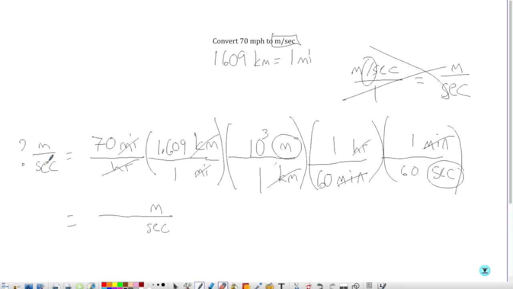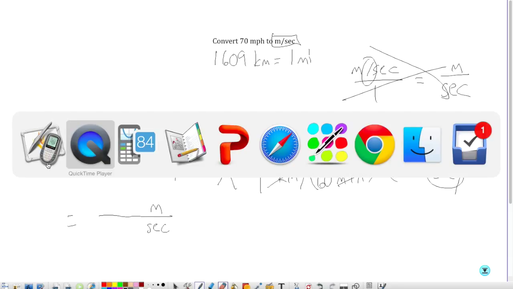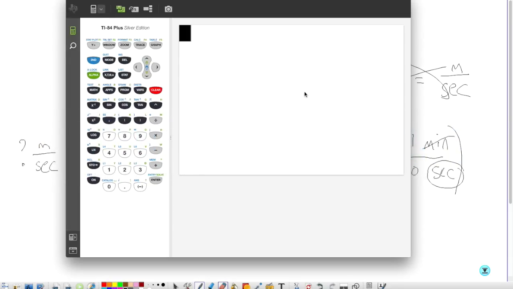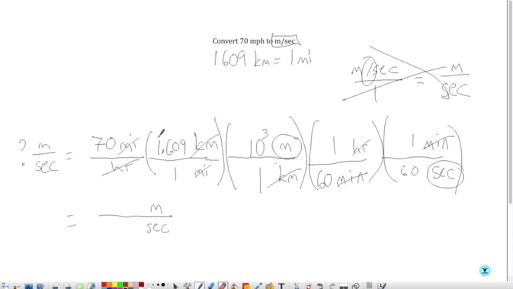All right, now, how about how we put this into our calculator, all right? So I'm going to start out with my 70 times 1.609. Okay.